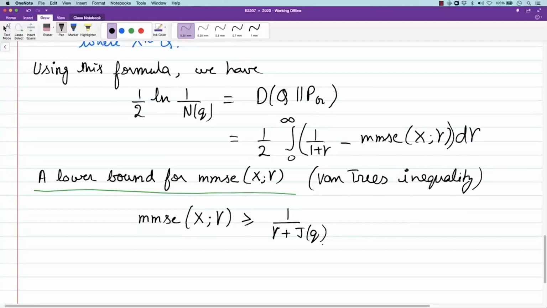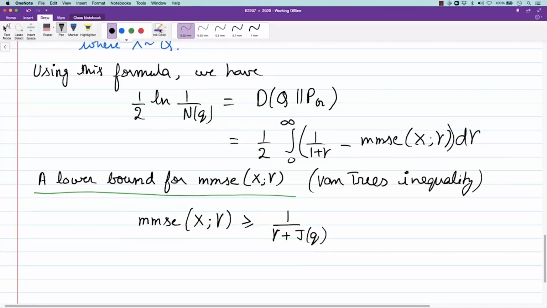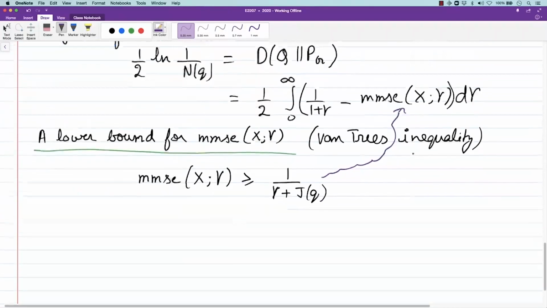We'll prove it later, but if we substitute Van Trees' inequality here, what do we get?